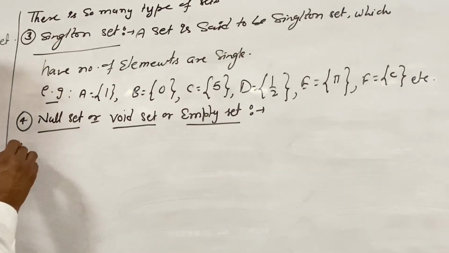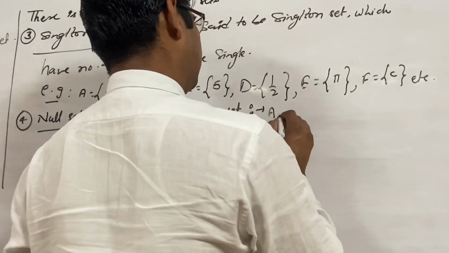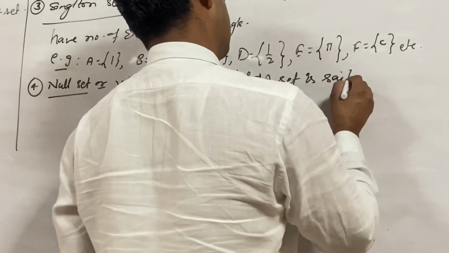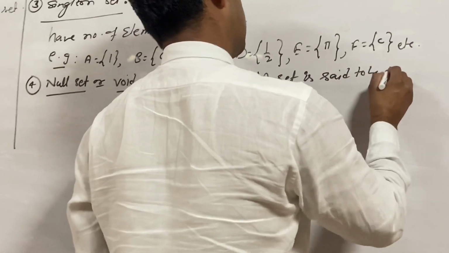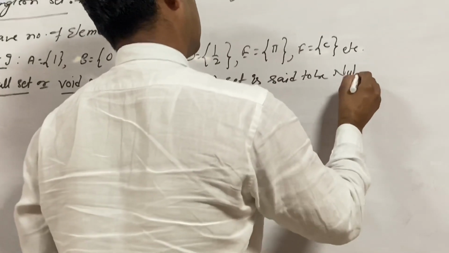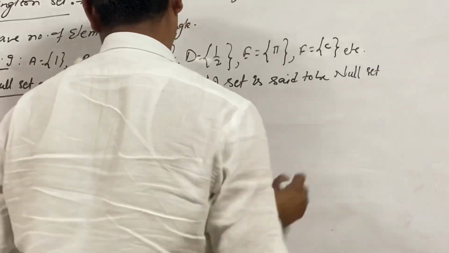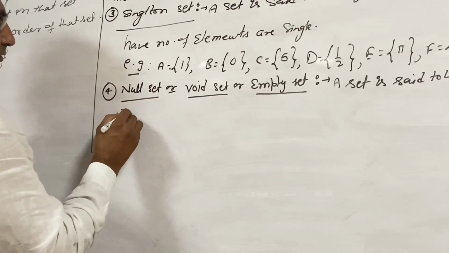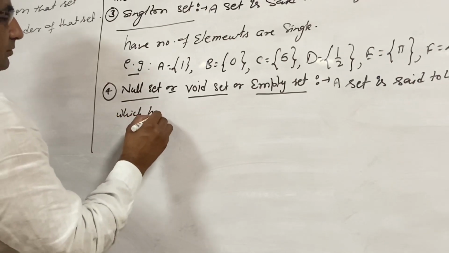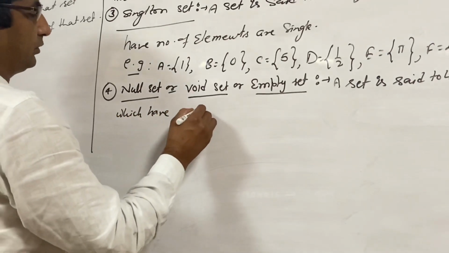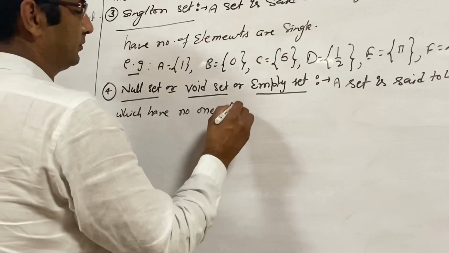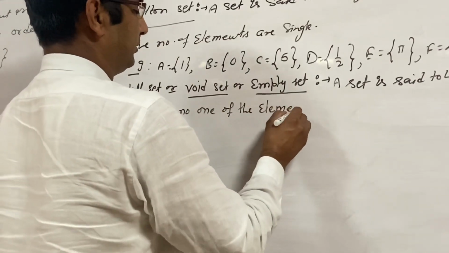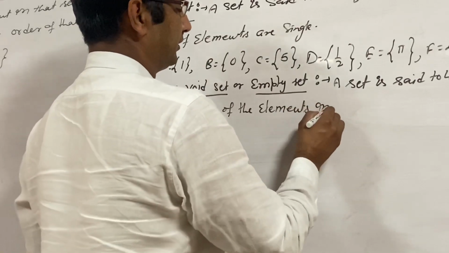A set is said to be a null set which has no element in that set.